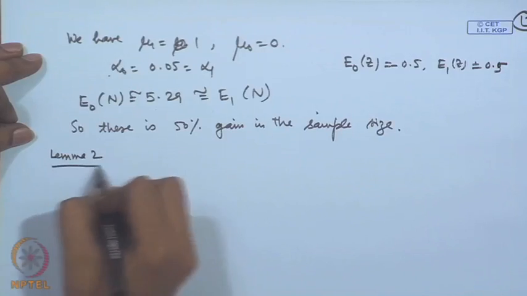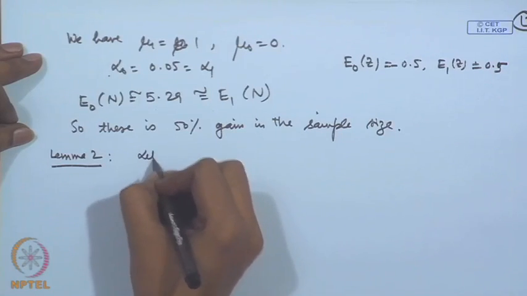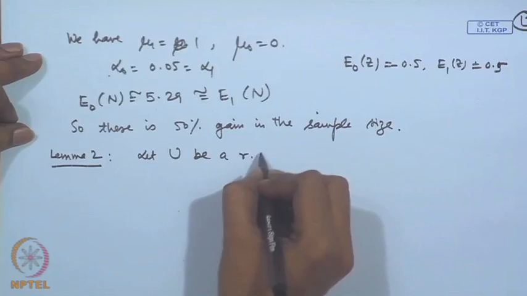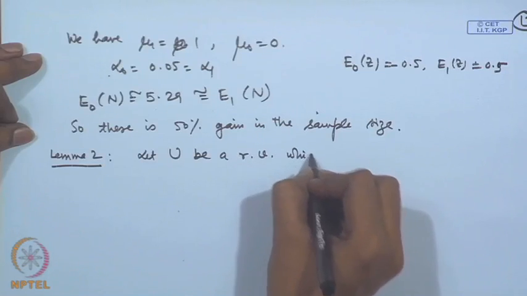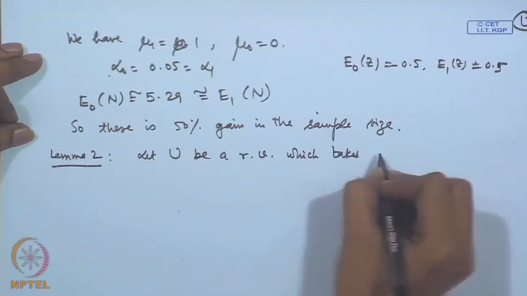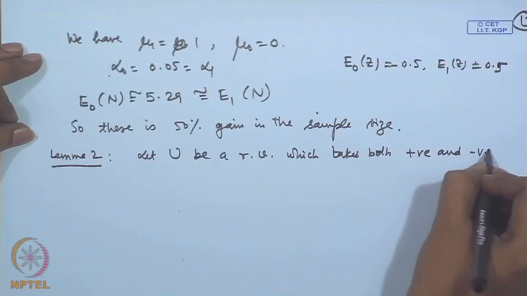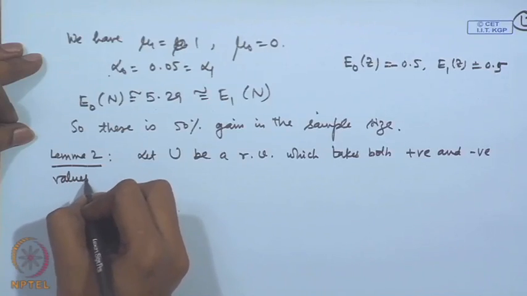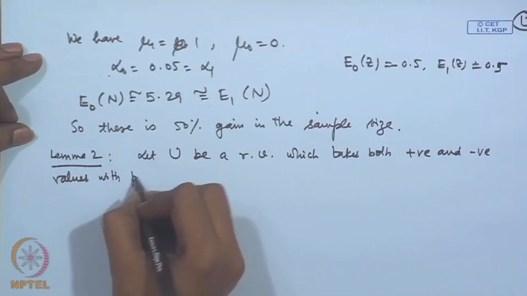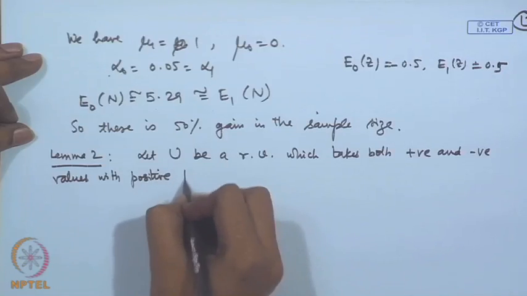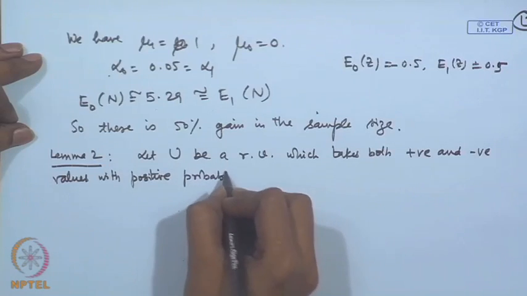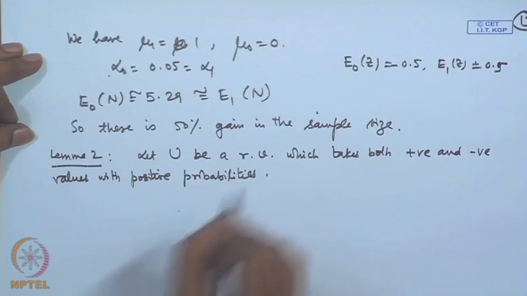A useful lemma, that is lemma 2. Let u be a random variable which takes both positive and negative values with positive probability. That is, probability of u greater than 0 is greater than 0, and probability of u less than 0 is also greater than 0.